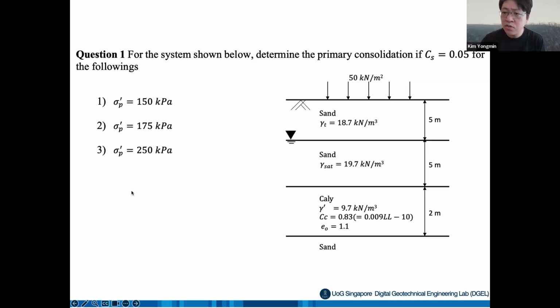That's why we need to calculate the effective stress on the clay layer. Which point? Here, here, here? Where? Mostly the center. So, let's calculate the effective stress.